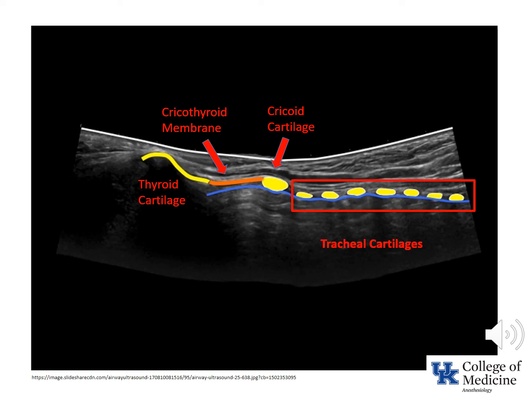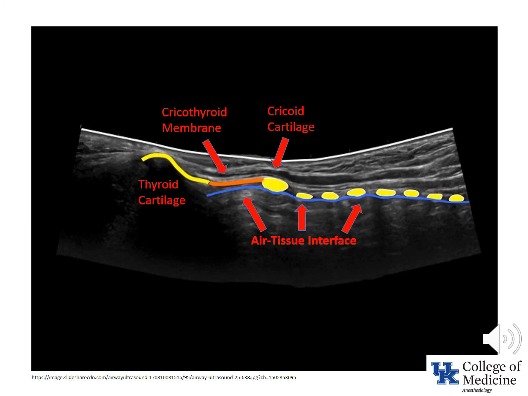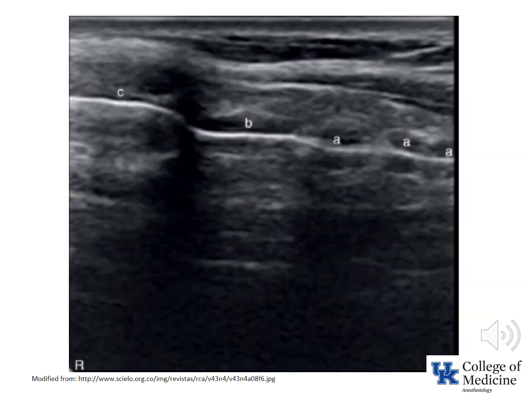The series of hypoechoic structures to the right of the cricoid cartilage is a so-called string of pearls, which represents the tracheal cartilages. The blue line below the cricoid and tracheal cartilages is the air tissue interface. Reverberation artifacts, analogous to A-lines in lung ultrasound, may be seen below the air tissue interface. Here's the long axis view of the trachea unobscured by colors.